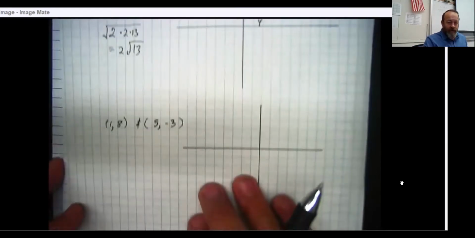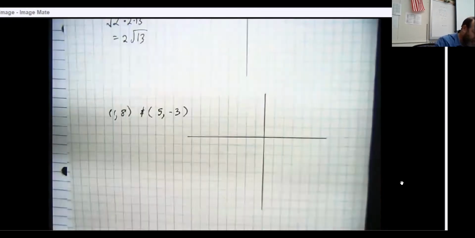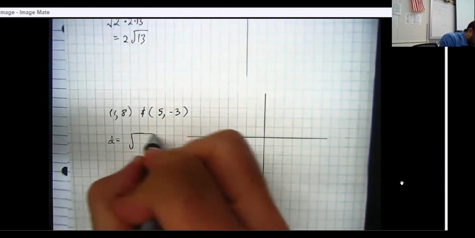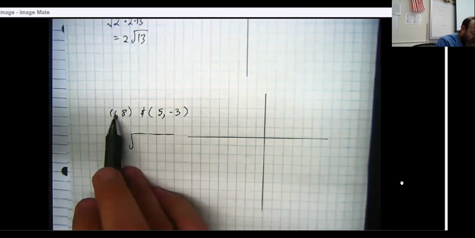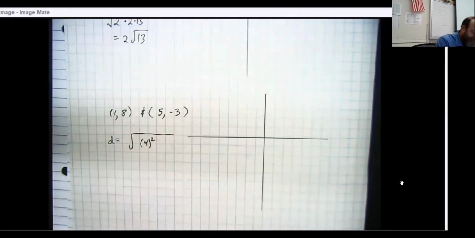So on this last problem, I'm going to go ahead and do it the way that I personally like to do that. So if, again, my distance would be right here, the 1 and the 5, they have grown by the number 4.